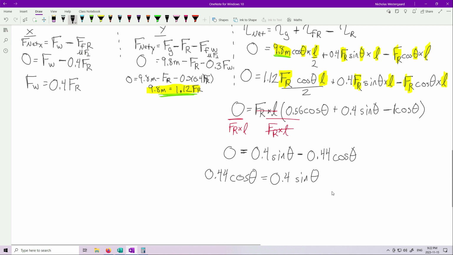Here's where we use our identity. Remember how sine divided by cosine is equal to tangent?